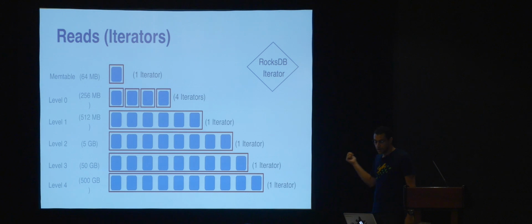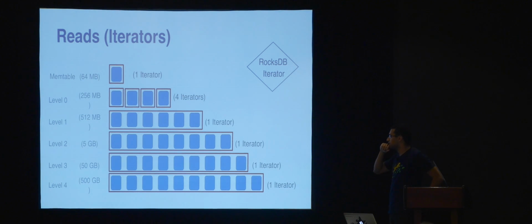The upper levels are much smaller, so they can fit in memory. Most of the time, the memory table, level 0, and level 1 will be cached in the page cache. So we won't be doing any I/O, and all these operations will be done in memory.